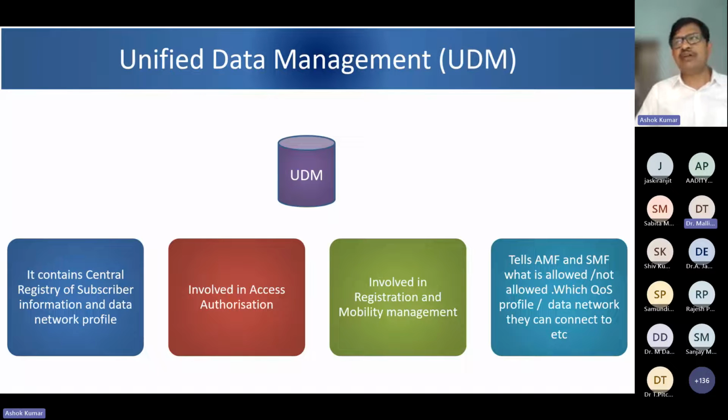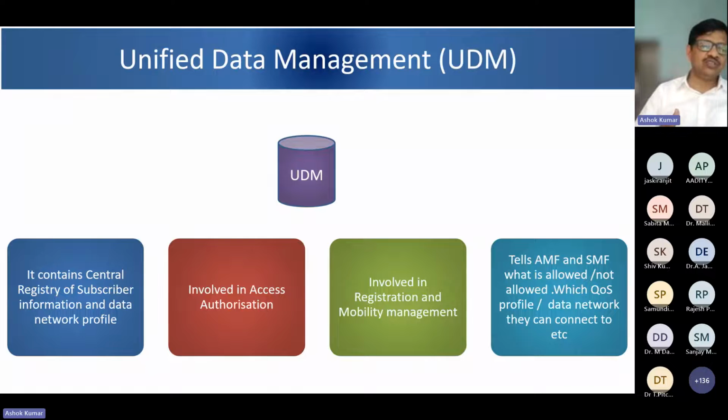Generally, geography is also divided. In a particular geography, you may have one or multiple AMFs, and the standard says that you can configure, like, from IMSI X to IMSI Y in your region, this particular AMF will be handling.